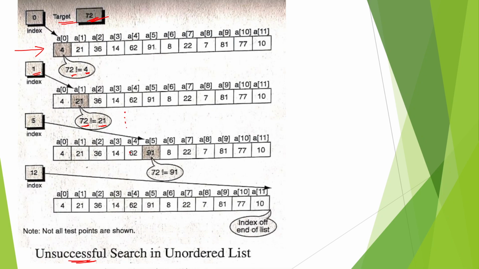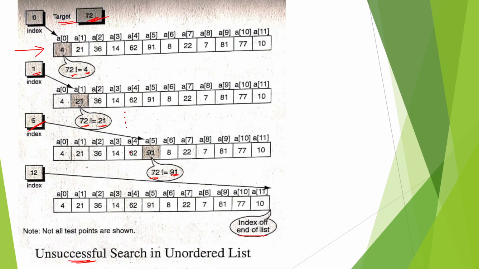In the same way how we compared 21 with 72, we also compare 36 by incrementing the index value. We compare 36 with 72, 14 with 72, 62 with 72, and then the 91 case I have shown with index value 5, where we are comparing 91 with 72. Again it is a no match. So we compare elements till we reach the end of the list.